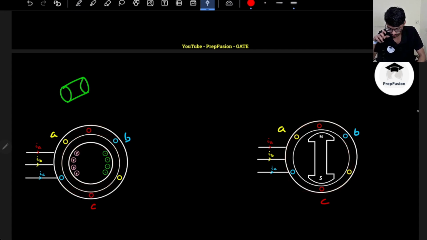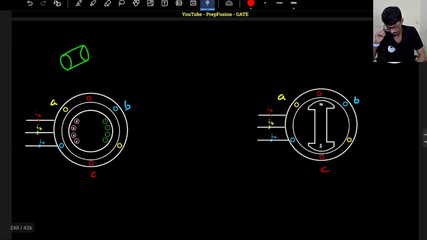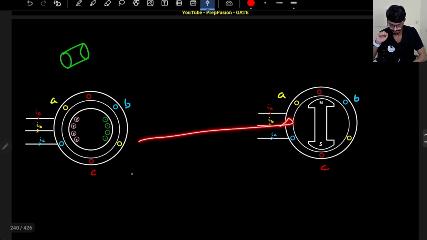Okay, so now the important point to understand here is what will be the difference basically.